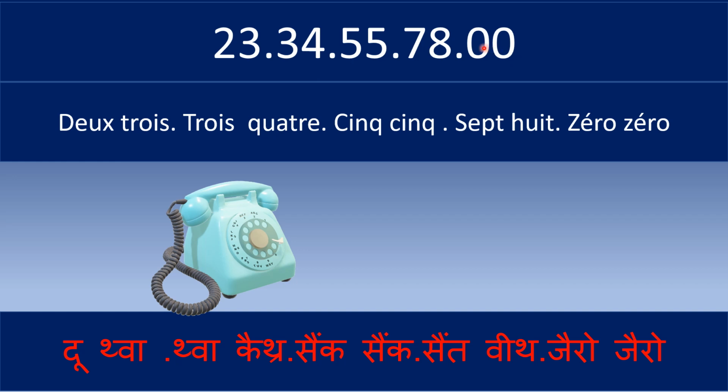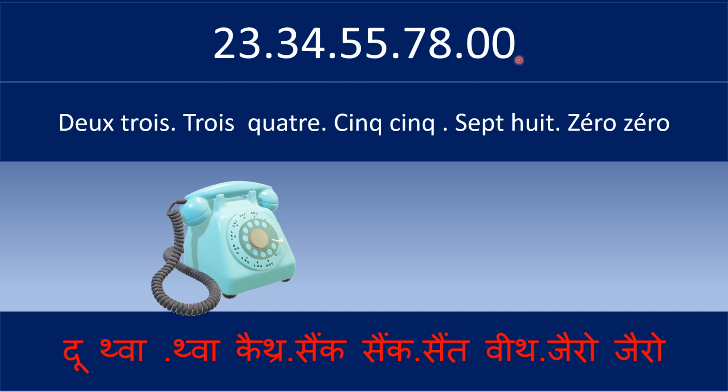Now, one more important thing is they will never give the phone number like we give in English, like 2334557800. This is a very casual way some people use these days. But if you are writing an exam, then this is prohibited. You cannot give the phone number as 2334557800.